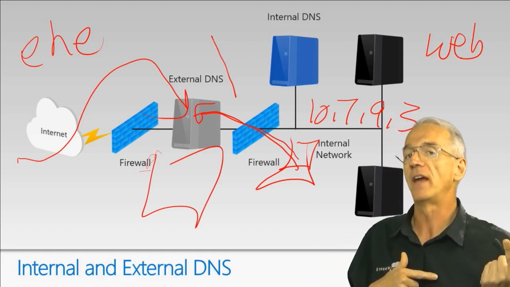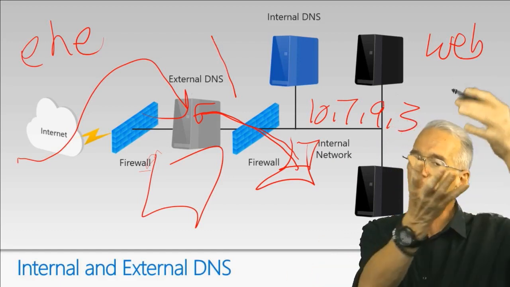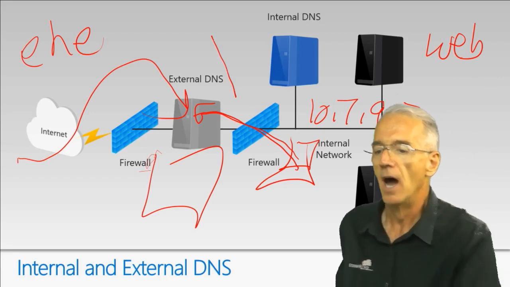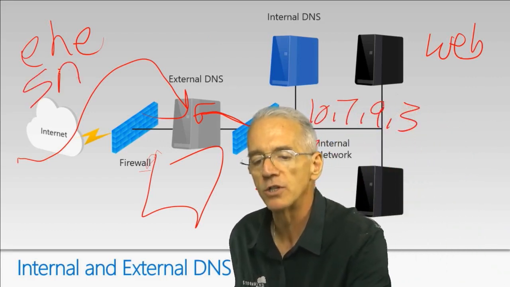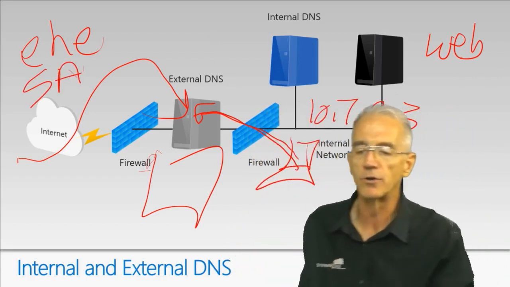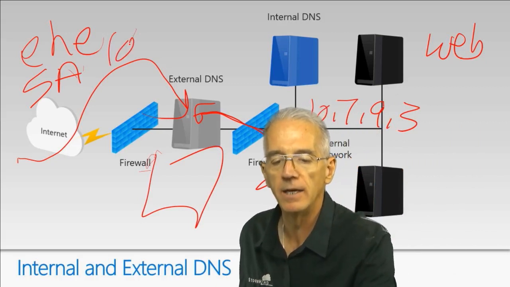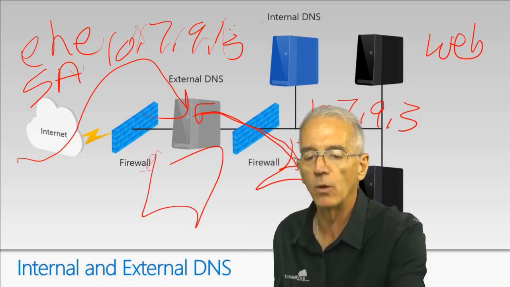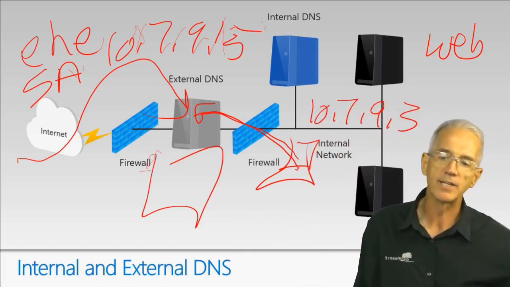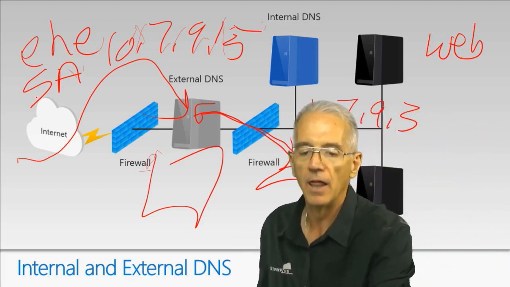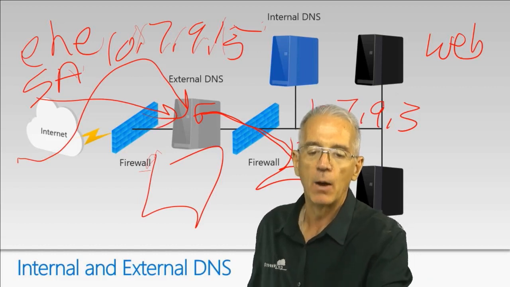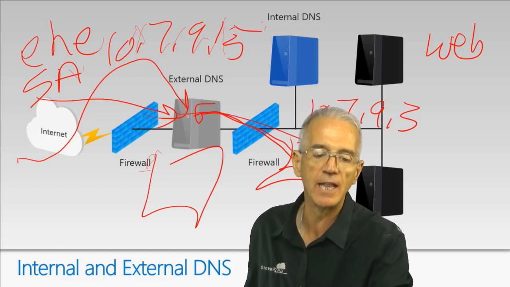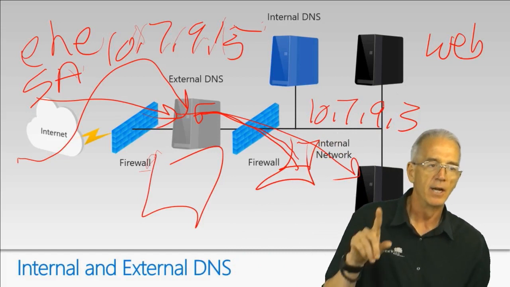Now, another way that they attack is once I figured out what your IP addressing is, I will put as a source address one of your internal addresses, 10.7.9.15. And by the way, that source address, I'm going to send it to this guy right here, and I want this guy to do 10,000 requests to synchronize over and over.